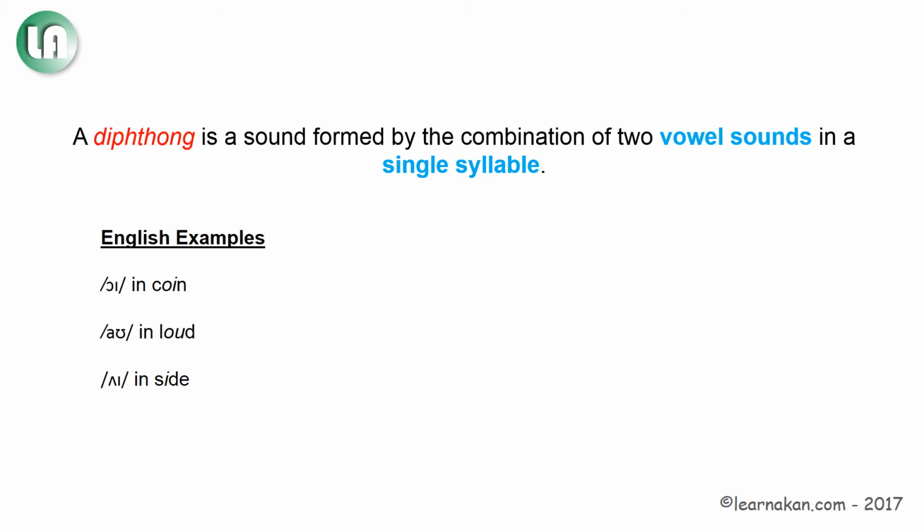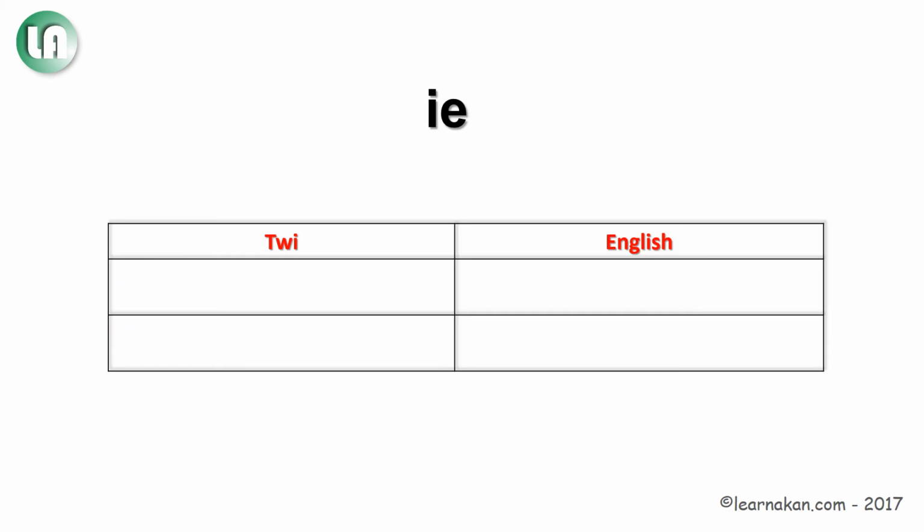Good. Now, let's look at some Twi diphthongs and their respective word examples. Ie, fie, tie. Ia, wia, pia.